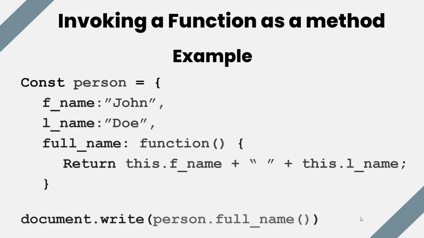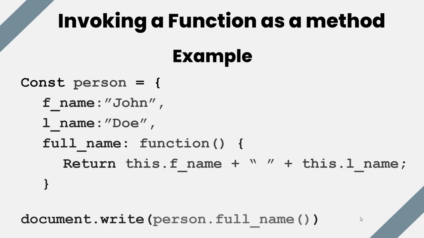And this is actually because, like I said before, the this keyword within a function refers to the global object by default. But since the function is within this person object, it refers to the person object here.